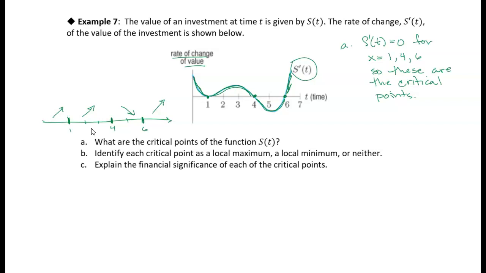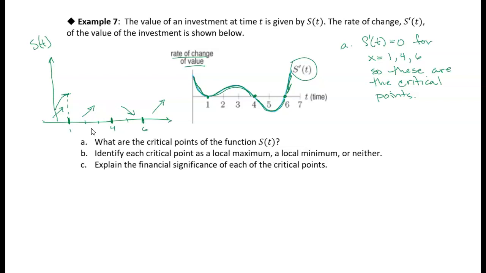Now I could draw my S of t axis and try to sketch this graph. It's not asking me to do that, but you can see it's increasing to the left, and then it flattens out because this is a critical point.